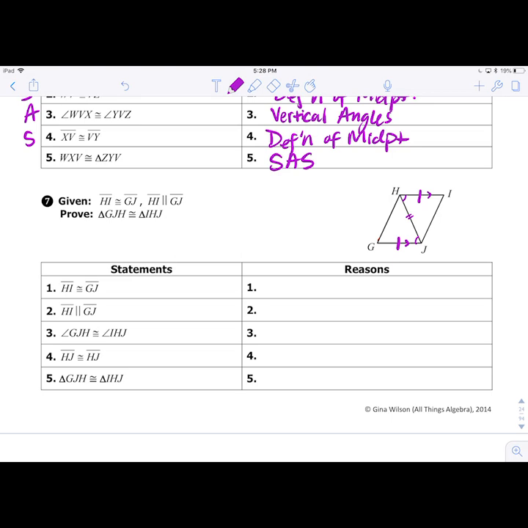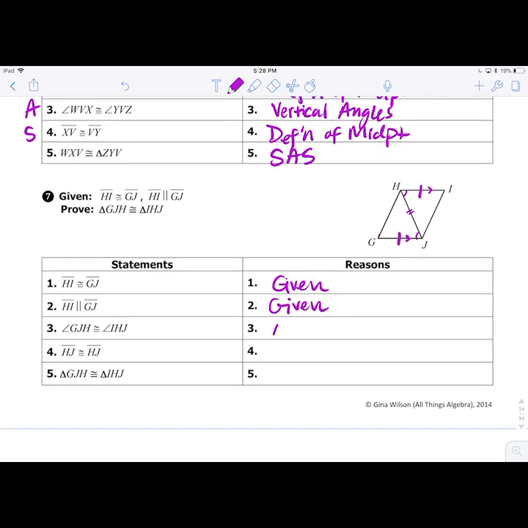Let's set this off. So we know that this is given. We know this is given. And we said that angle GJH is congruent to angle IHJ because they're alternate interior angles. So that's a side, that's an angle. The side HJ is congruent to itself.